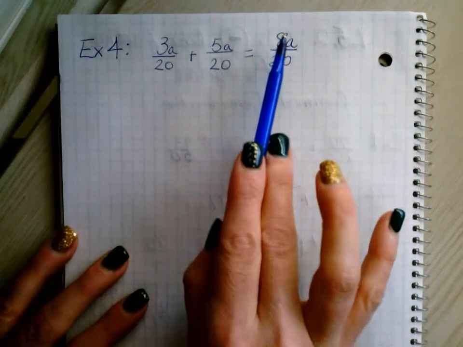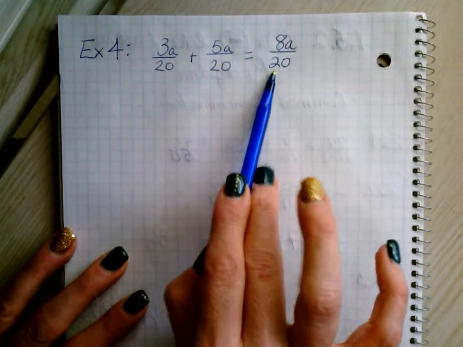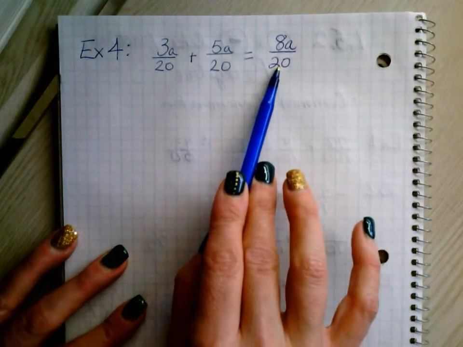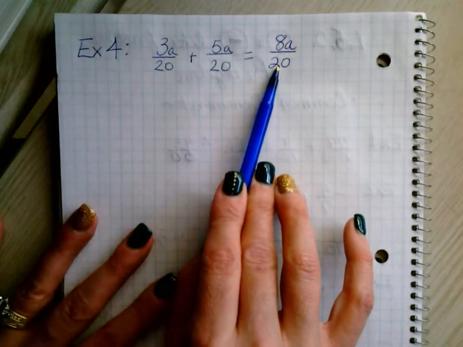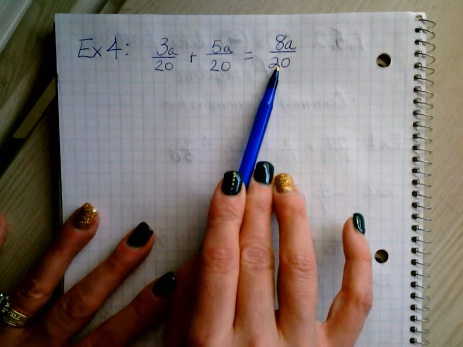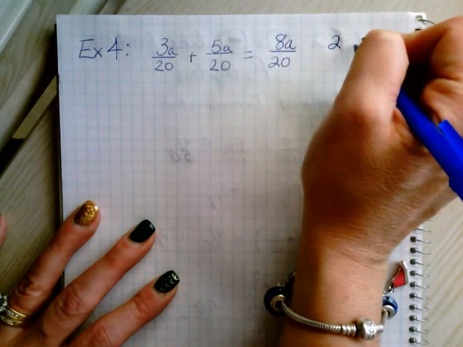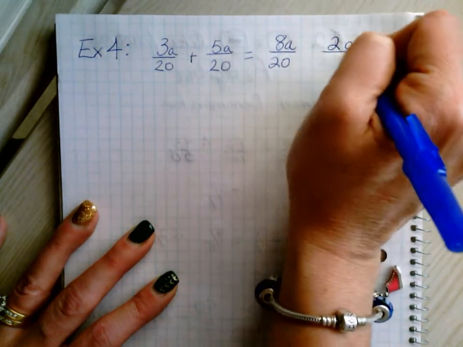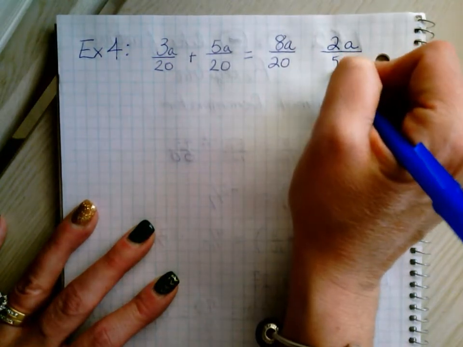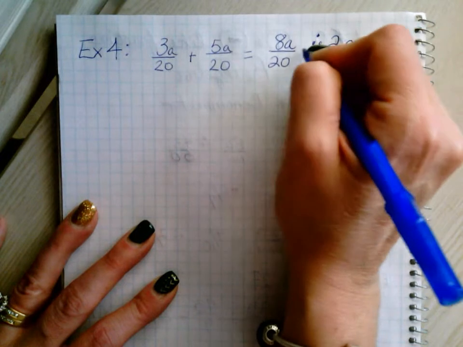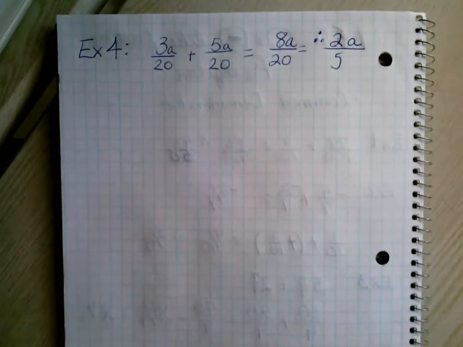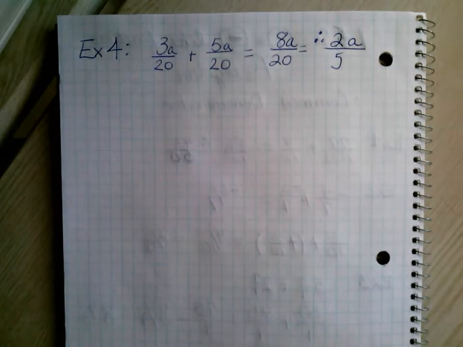Now, we've got to reduce the numbers. 8 and 20 both share a greatest common factor of 4. 2 is a good start, but 4 is better. So this becomes 2. The a sits there and waits. This becomes a 5. If you do not reduce, you will not have the right answer. Okay, this is not good enough.